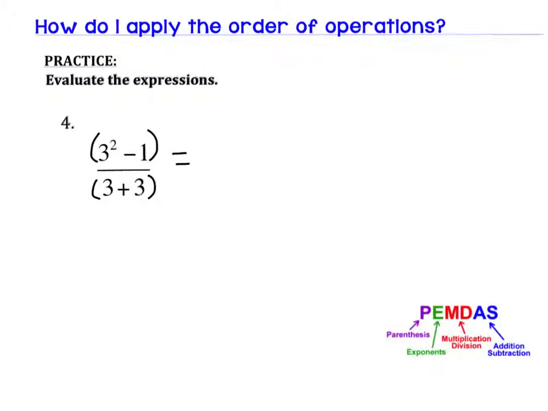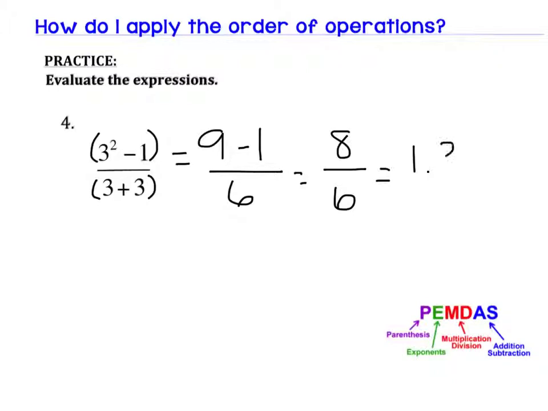So I think it's best to just evaluate everything on the top and then evaluate everything on the bottom, and then you can divide them. So I'm going to take 3 squared, which is 9, minus 1 all over 3 plus 3, which is 6. Let's finish simplifying. I've got 8 all over 6. So now I'm going to take 8 divided by 6, and I'm going to have 1.3 repeating for my answer.